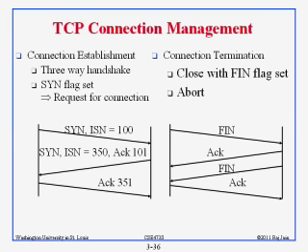So my first byte, whatever I send you, will have number 100. We said that that number doesn't have to be 0. We went through the discussion that the first byte doesn't have to be number 0. So my first byte will have number 100, and this is the first packet. When the SYN flag is set, that means this is a new connection. By the way, in our daily talk we call it a SYN packet, because it has the SYN flag set.